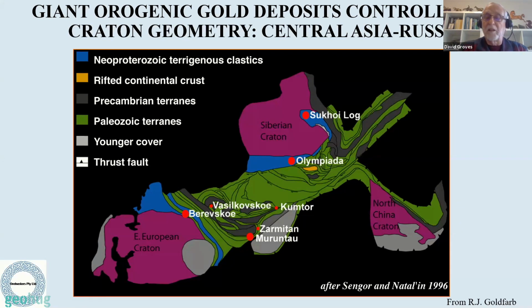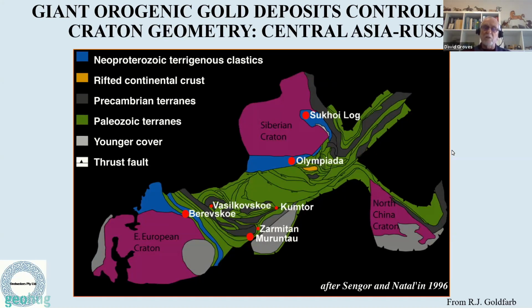There we've got a craton covered by sedimentary rocks, so it's coloured in grey. And then up in here, we've got another oroclinal bend around the Siberian craton. These big deposits are occurring near these craton margins, but in oroclinal bends, in the zones of most complexity.